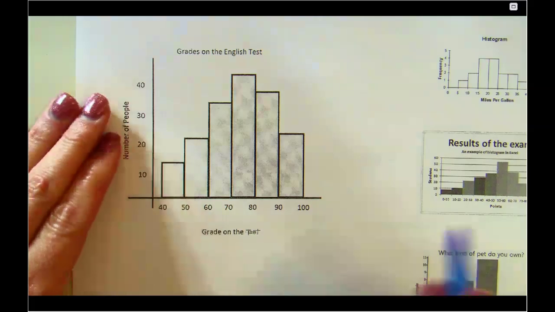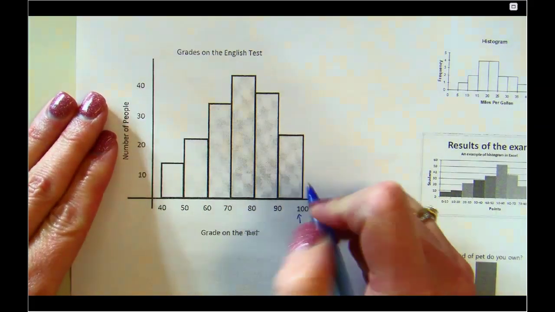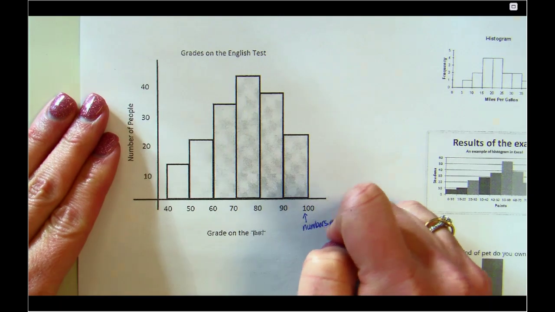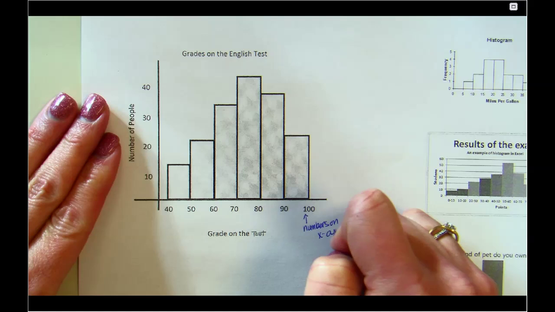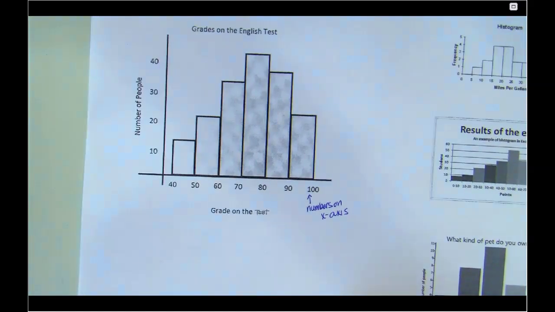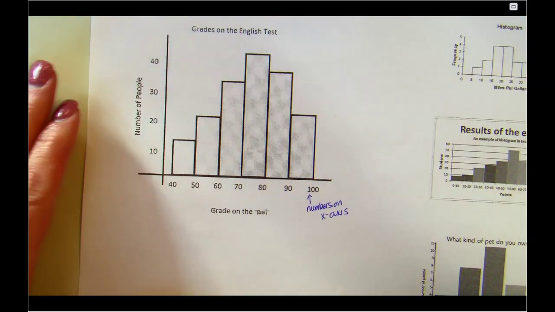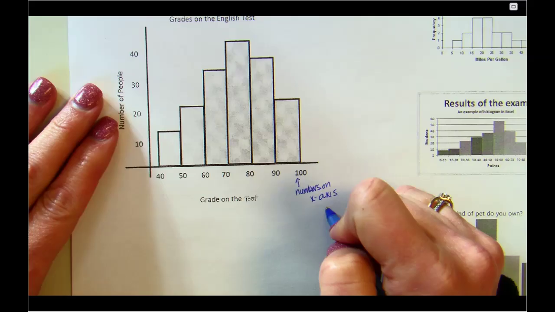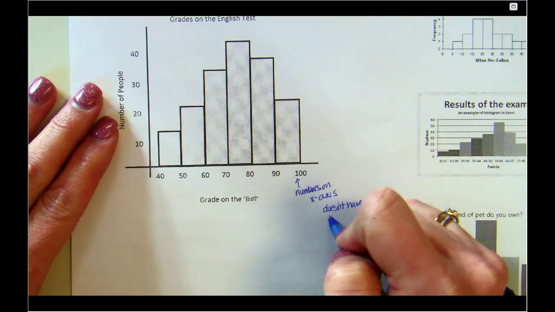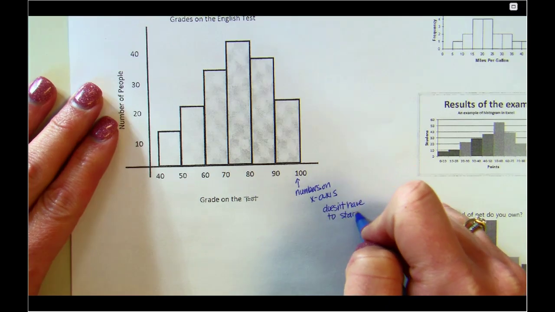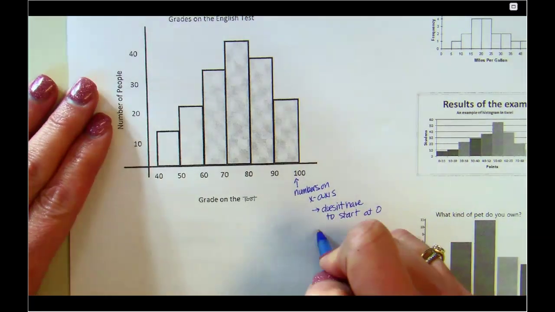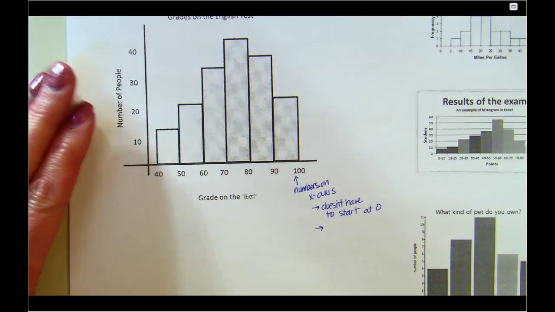First of all, it has numbers on the x-axis. What I want you to notice is it does not have to start at 0. It doesn't have to start at 0, but it does have to count by an even amount.